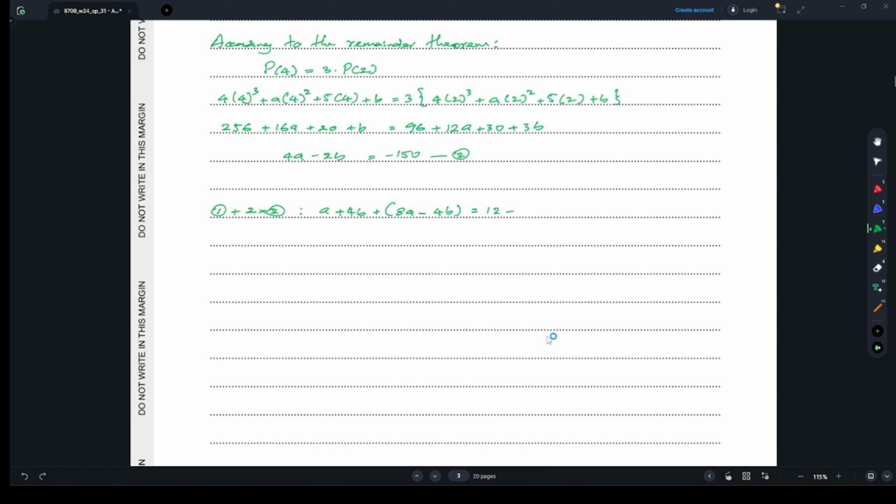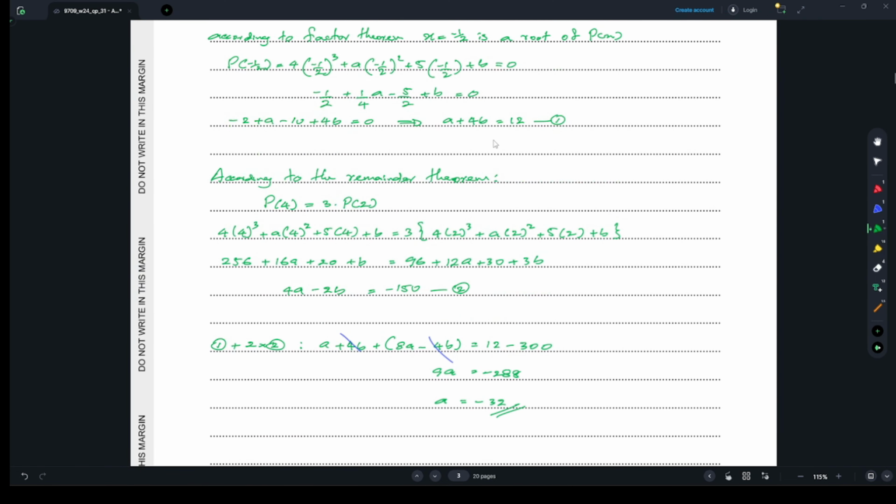So we can write here 300. Okay, so here we can cancel out. And so we have here 9a equals to minus 288, so you can divide both sides by 9. So it's minus 32.